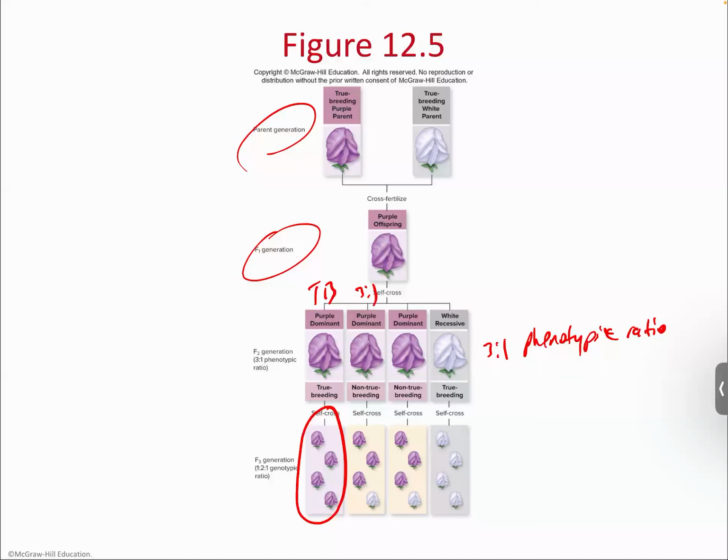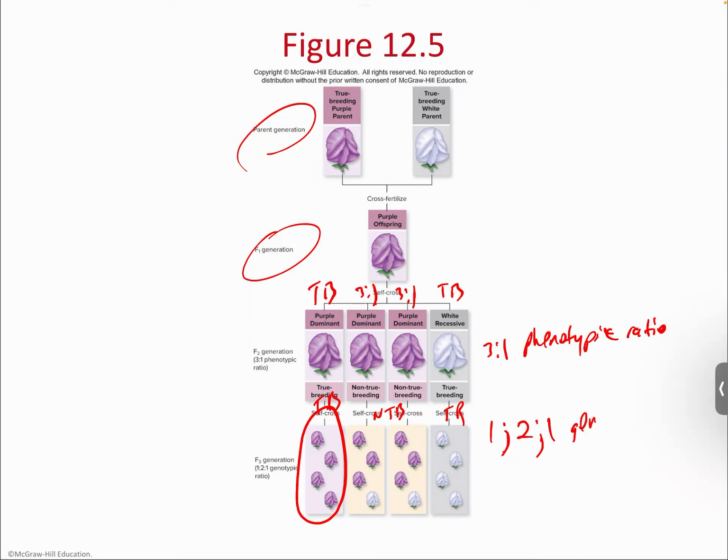You had a 3 to 1 and you had a 3 to 1. So these guys were non-true breeders. And then for the white one, these guys were true breeders. So when he did this, he got 1 purple true breeder, 2 non-true breeders, to 1 white true breeder. So these are the non-true breeders, and these are the true breeders, based on what he got in that following generation.